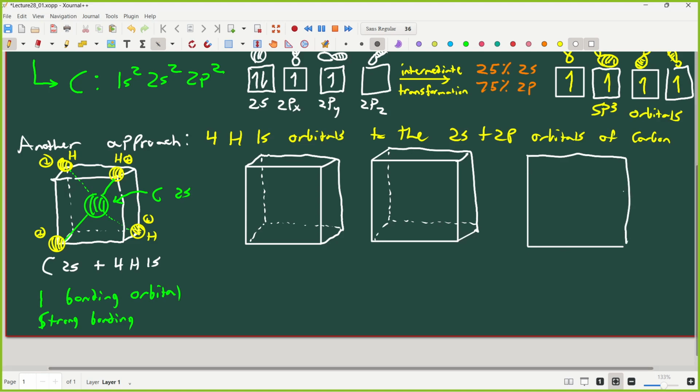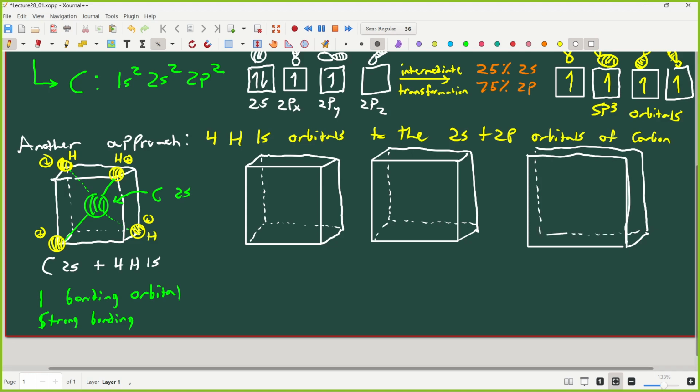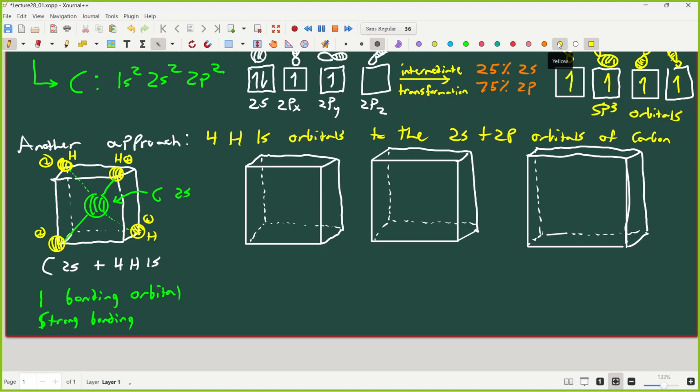All right, the way I'm going to tackle this, we know where the hydrogens lie. All right, there's my other cube. So we know where the hydrogens lie, and I'm going to keep them in the same place.